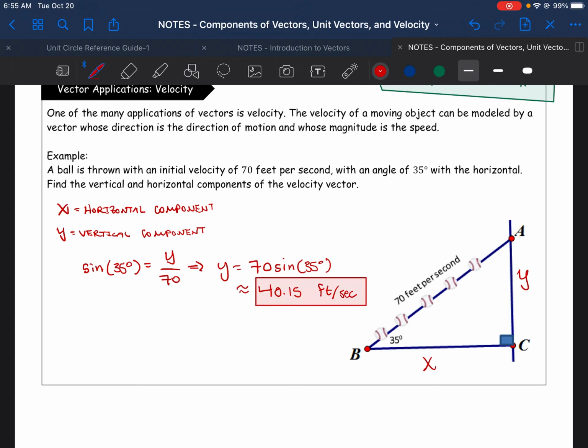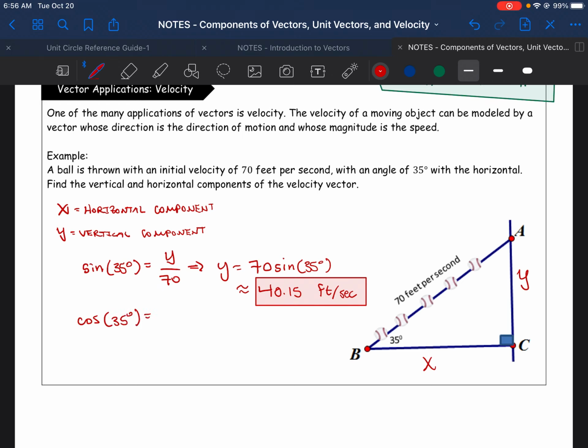Now let's solve for the horizontal component. If I want to solve for x, notice that relative to the 35-degree angle, x is the adjacent leg, and 70 is, of course, still the hypotenuse. So I could take the cosine of 35 degrees.